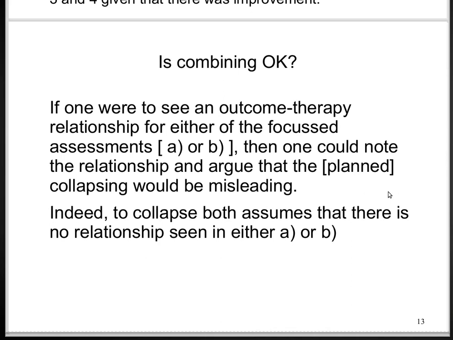Now you could argue that if we were to consider the assessment with A or B, that is the two so-called secondary null hypotheses, and we saw some meaningful difference in either, then the collapsing would be judged to be misleading or inappropriate. On the other hand, if we see no relationship in either A or B, then it suggests that we're in a sound place for addressing what was our primary null hypothesis, which was the assessment with the collapsed groups. Okay?